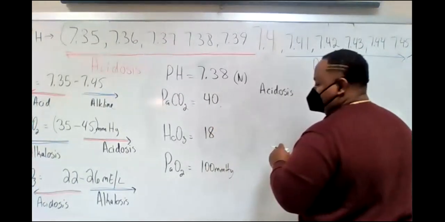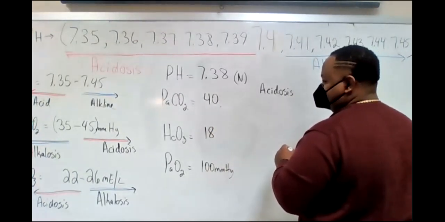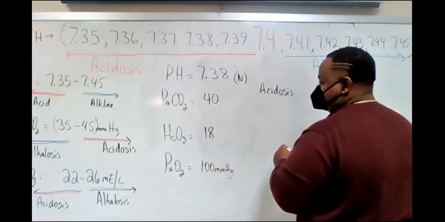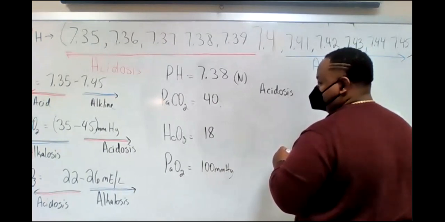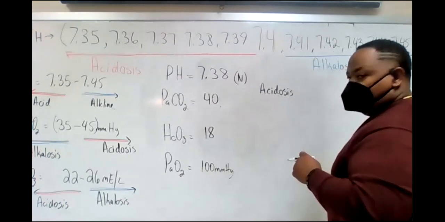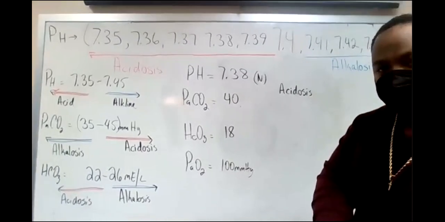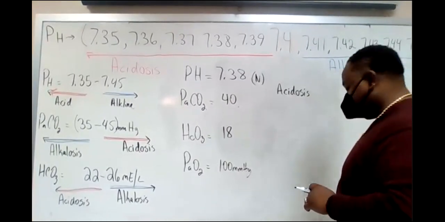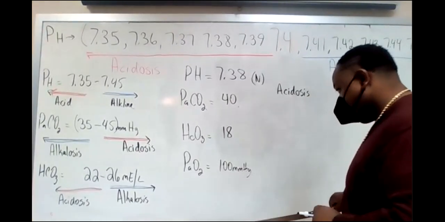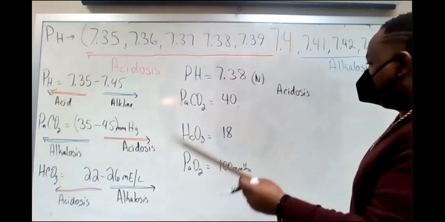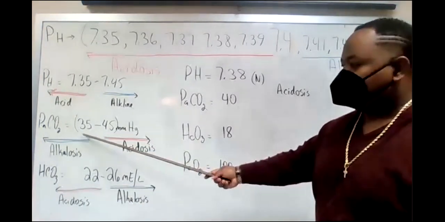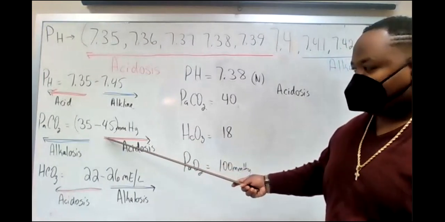What is CO2 doing? Acidosis. Right here, the CO2 normal range is 35 to 45.